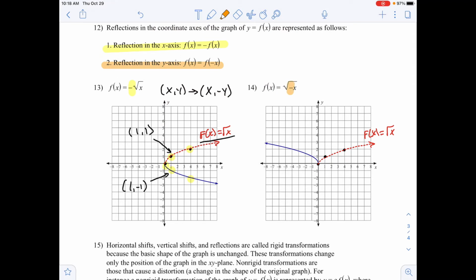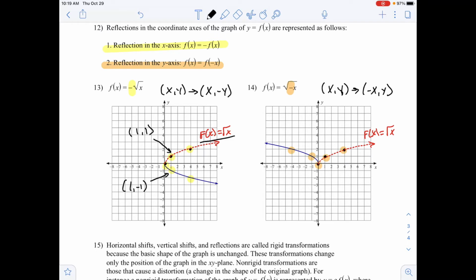So now you can see that we have the negative inside. The negative is inside, so it's f of negative x, and that is going to be a reflection in the y-axis. So again, we're taking these points, and they're going to be reflected over the y-axis. So in terms of looking at your coordinates, that is going to be negative x, comma y.